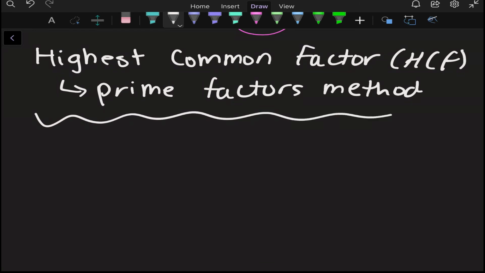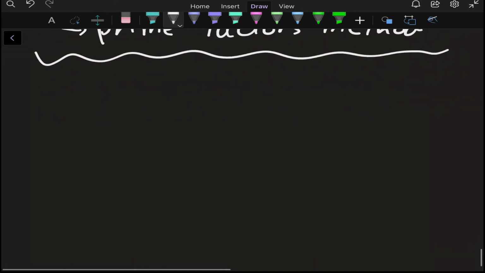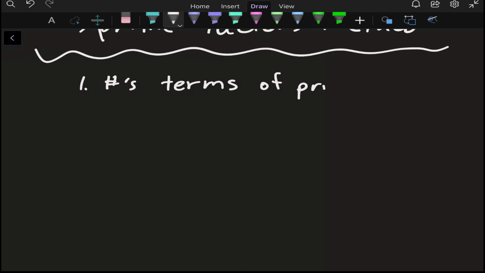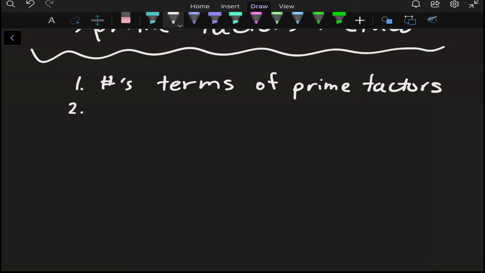Our steps here: 1, write the numbers in terms of prime factors. 2, the product of all common prime factors is the highest common factor of the given numbers.